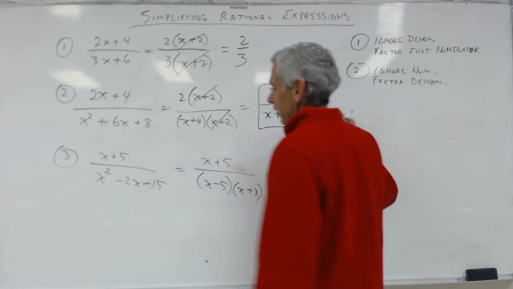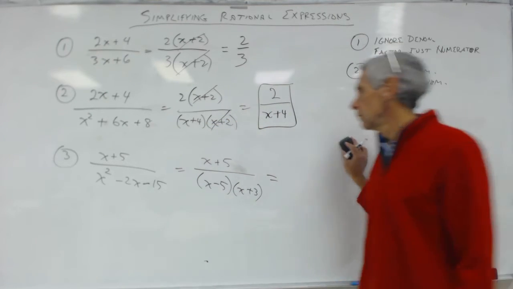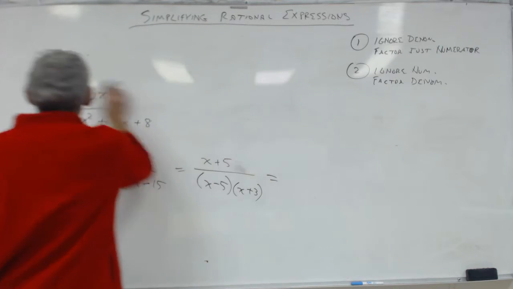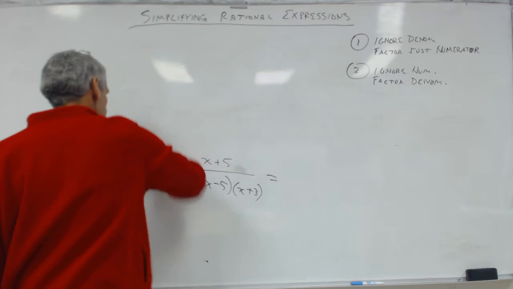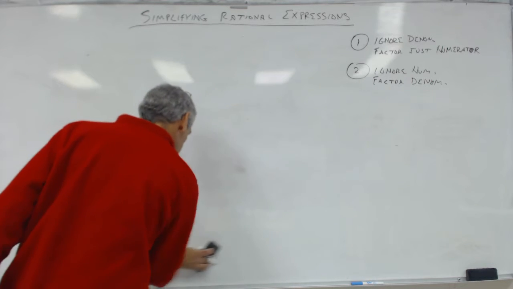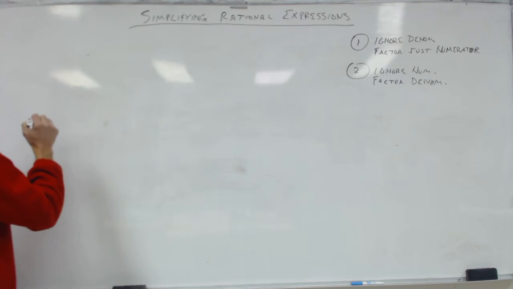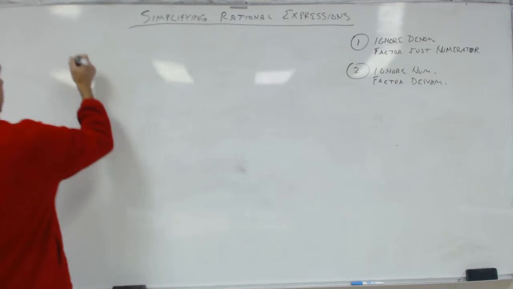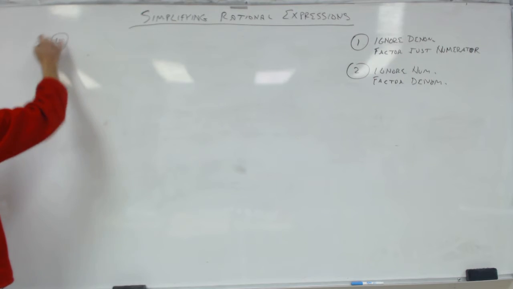So now, can I erase? All right, so what if I gave you something like this? Am I on number 3 or 4? 4? Okay, what if I gave you this?